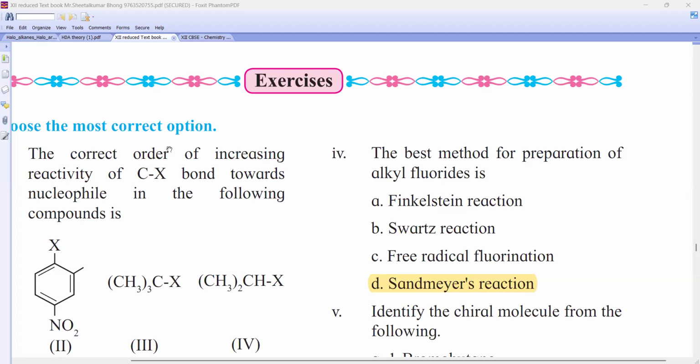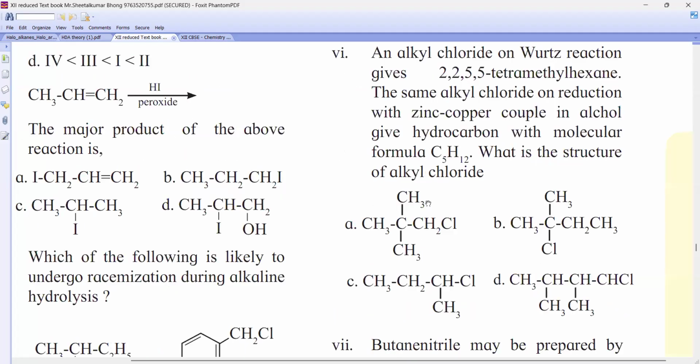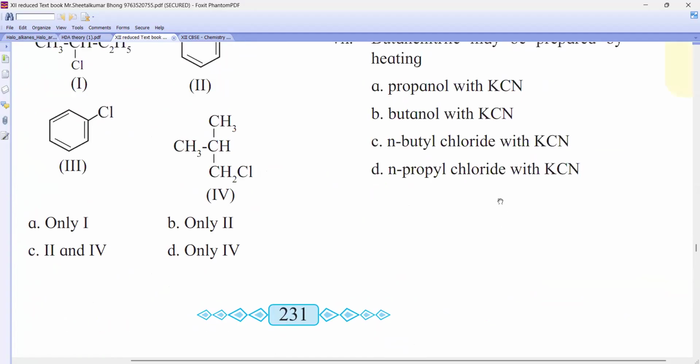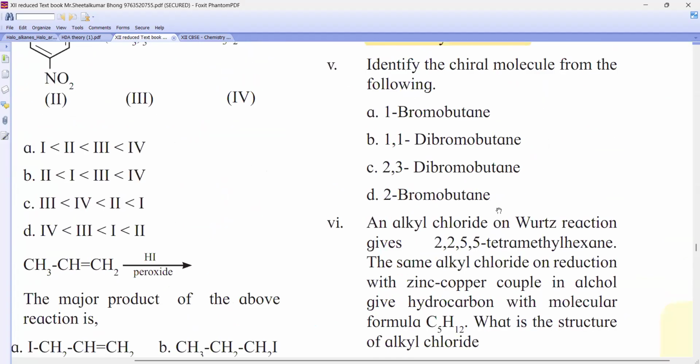Okay, look, beta, we did preparation of alkyl halides. All methods we did. Now look, a few textbook questions I'm going to solve with you all. Please pay attention here. If you have the textbook with you, or if you don't, then just pay attention. Page number 231. Page 235: can you see this question?